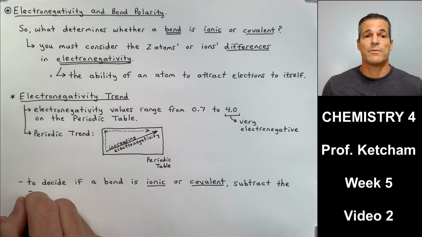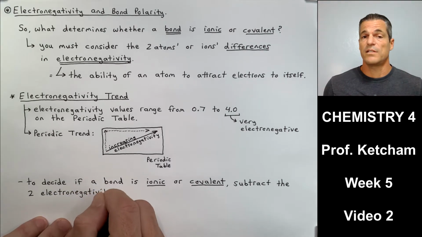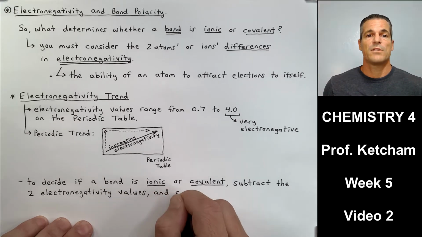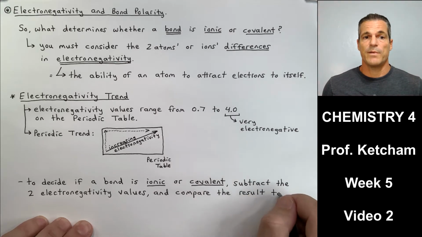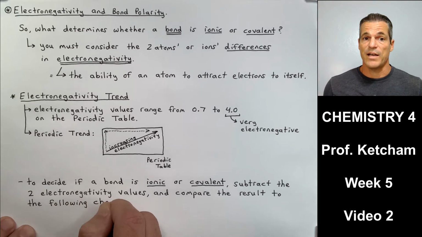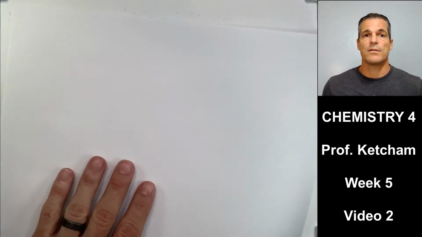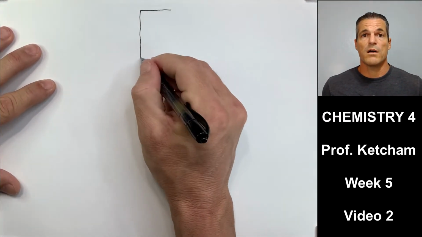So to decide if a bond is ionic or covalent, subtract the two electronegativity values and see where you wind up. So we have a periodic table here, and we would be looking at two atoms or two ions, and we compare their electronegativity values. So we have to have some sort of chart to decide whether we are covalent or whether we are ionic.